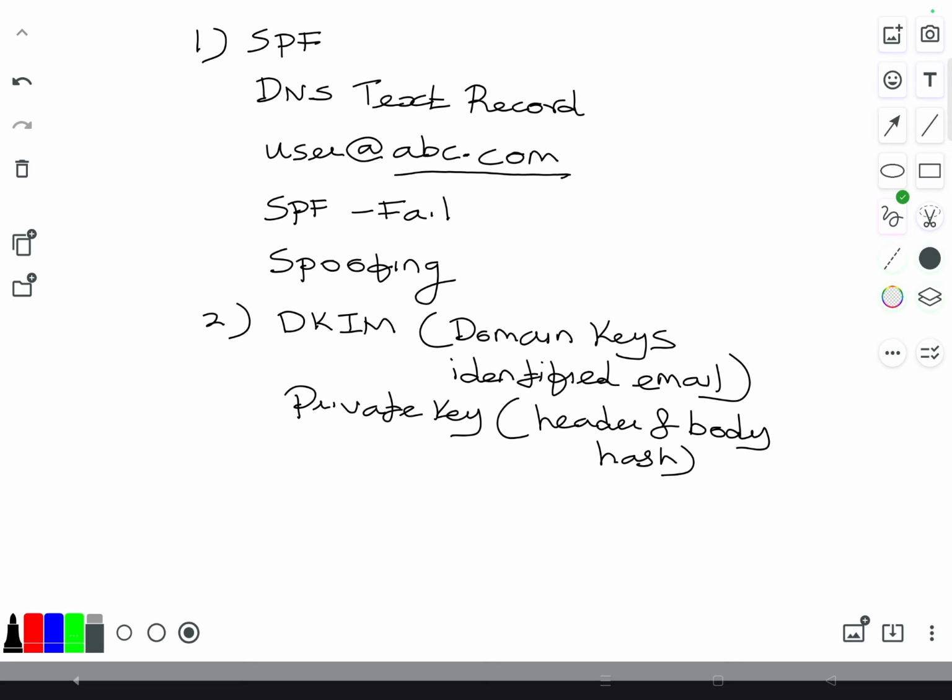The public key is stored in DNS under the DKIM selector.